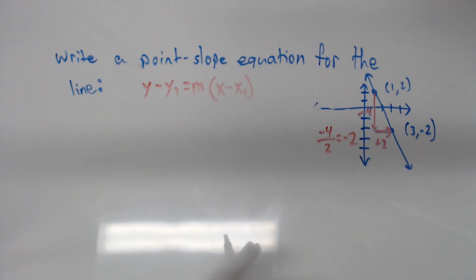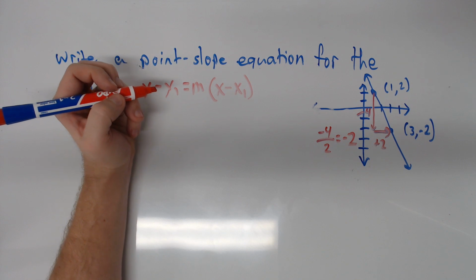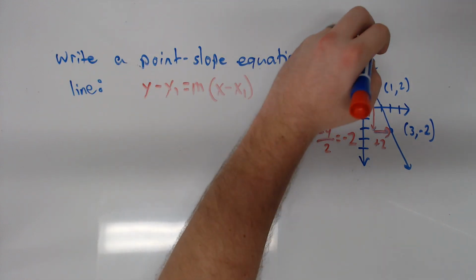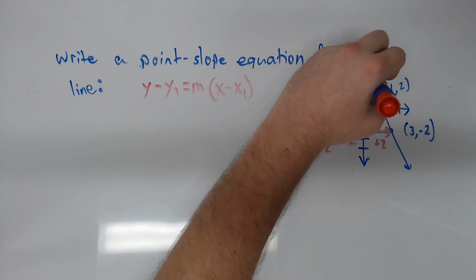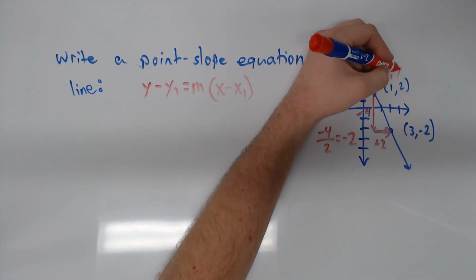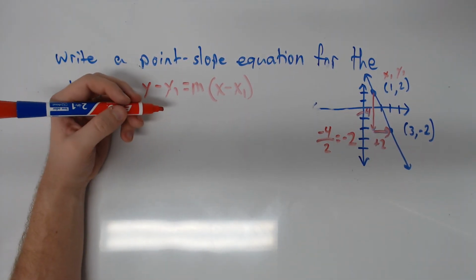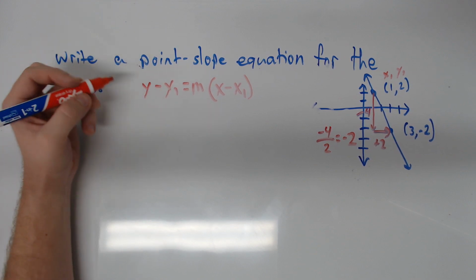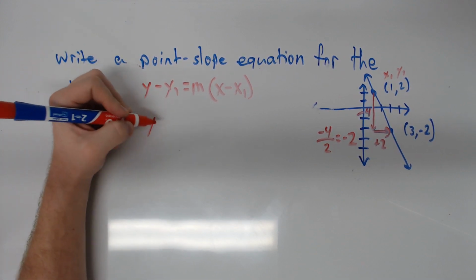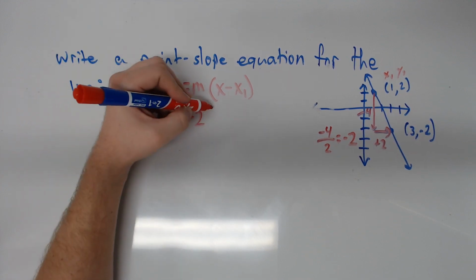All right, we've got our slope, we've got our m value. Now we need an x1 and a y1. We've actually got choices here. You can choose whichever you want. I'm going to choose 1, 2. Really doesn't matter. This one just has smaller numbers and it's got positive numbers, so it looks like it'll be easier to work with. All right, y minus y1, that's y minus 2, equals m. M is negative 2.